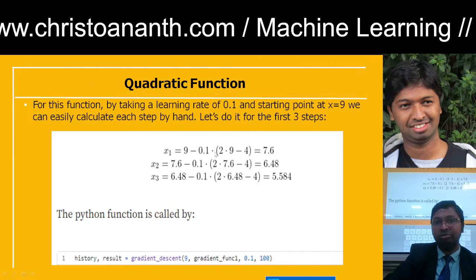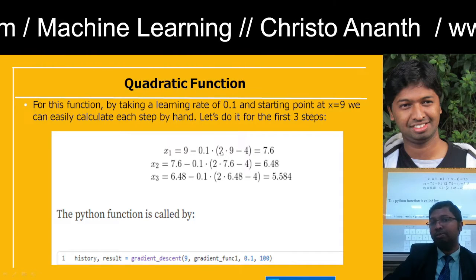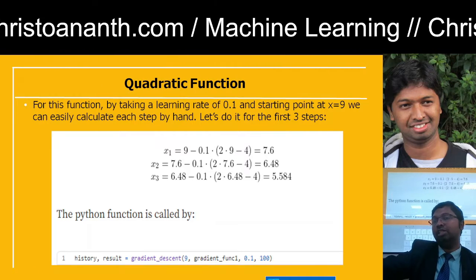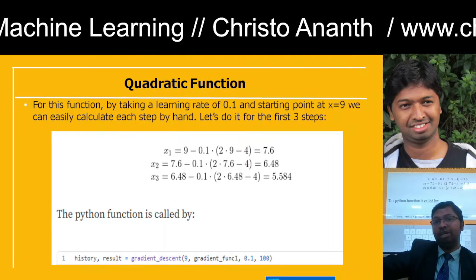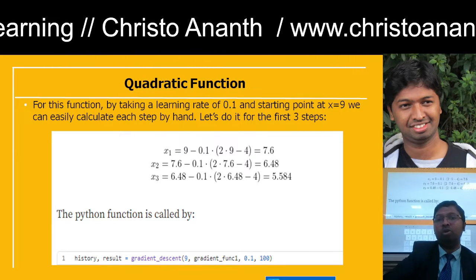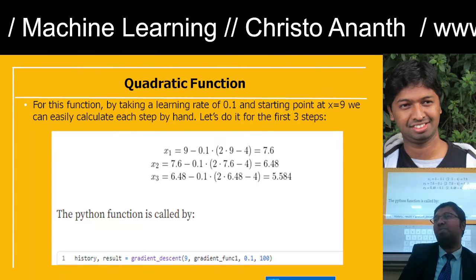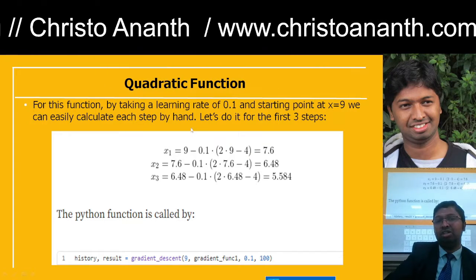So what is this? 9 minus 0.1 multiplied by (18 minus 4), which is 14. 14 multiplied by 0.1 is 1.4, correct?